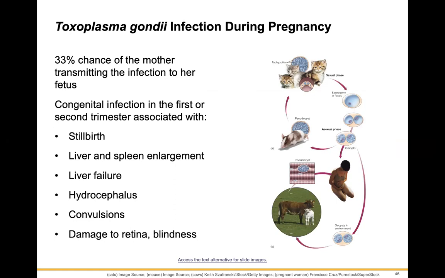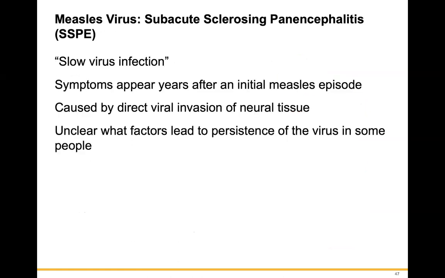And in this particular figure, we can see Toxoplasma gondii infection during pregnancy and the cycle in cats and their prey. And this is why, a lot of times, females that are pregnant should not be handling litter boxes from cats.